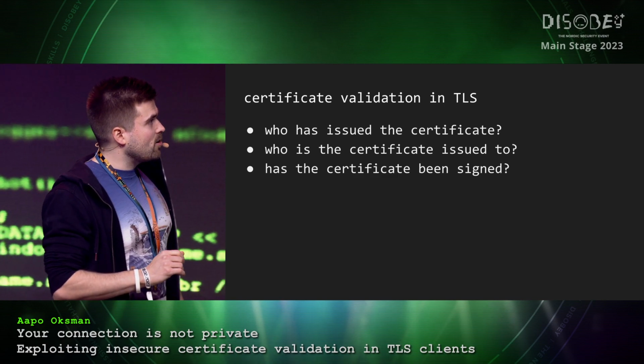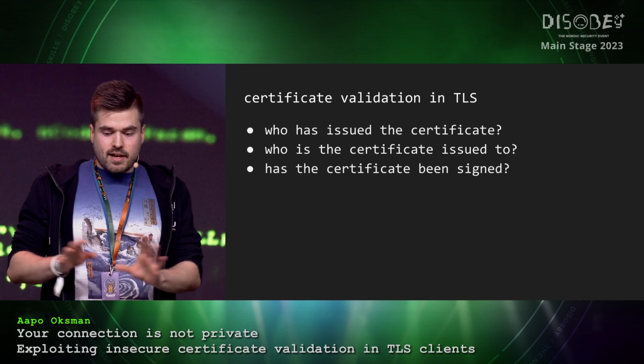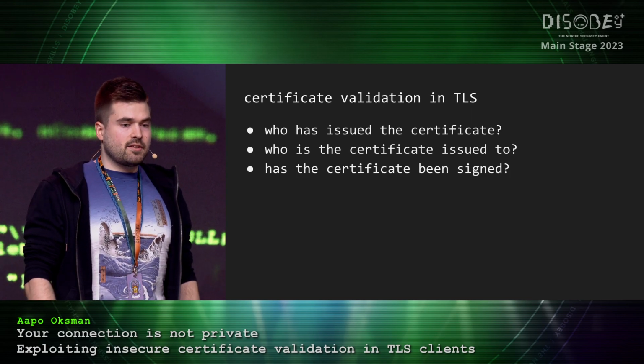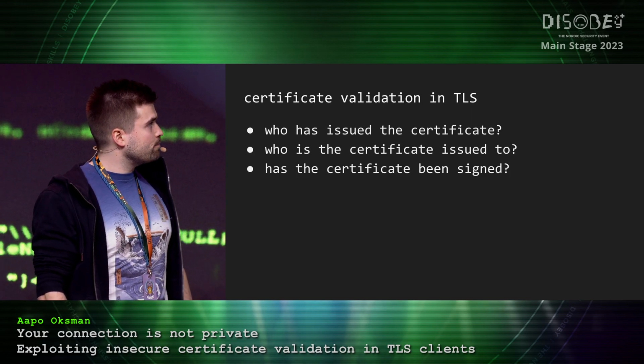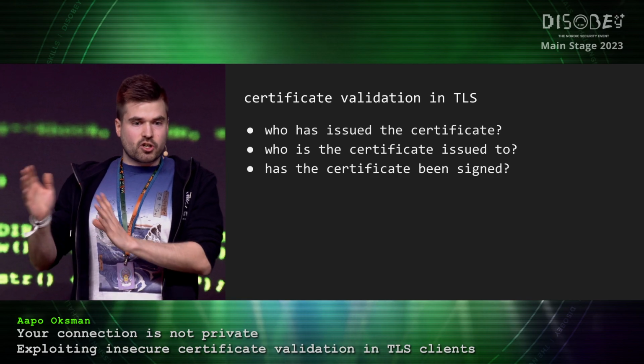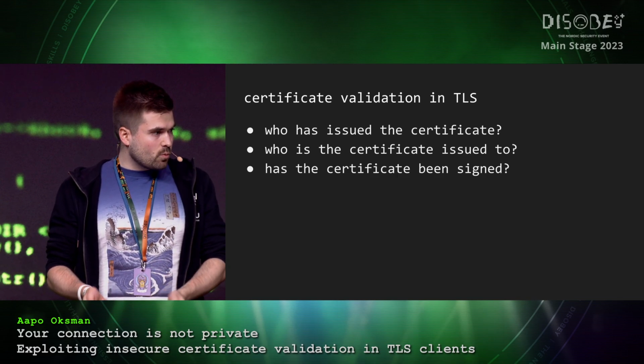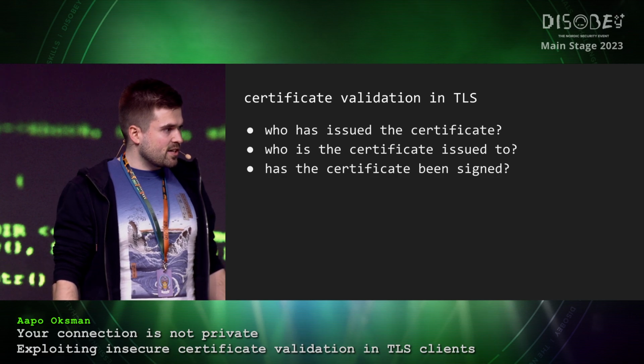If we remember a little bit about the certificates, these are 3 things that you should check from a certificate. When you get a certificate from a server, you should check who has issued the certificate. We don't want Gandalf giving us server certificates.